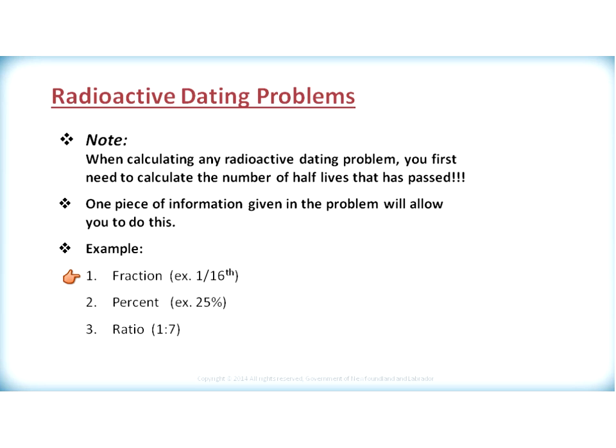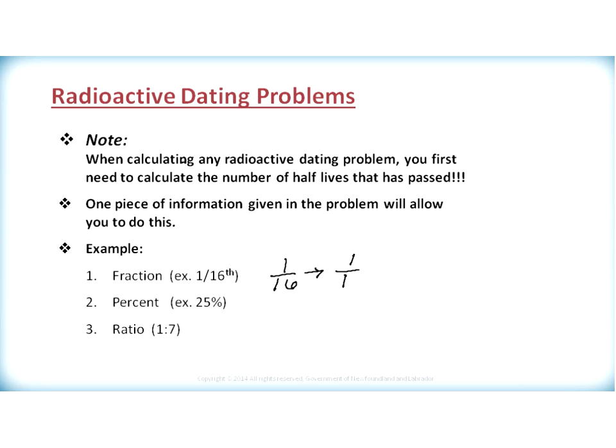if you were given a fraction of 1/16 of the parent material remaining, we can figure out the amount of half-lives that remain. For example, if you have 1/16 of the parent remaining, that means that after going through a number of half-lives to get down to 1/16 remaining, we always start off with a fraction of 1/1.